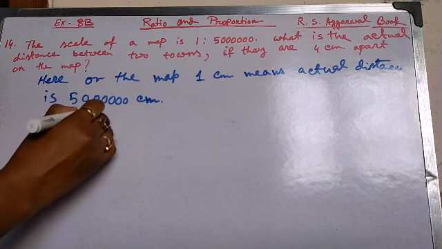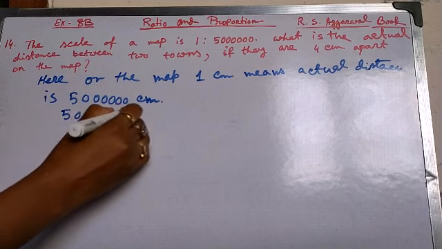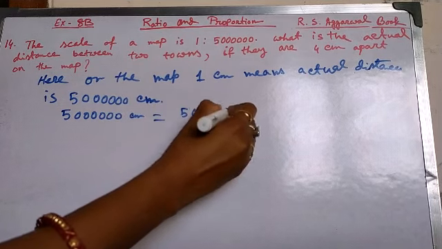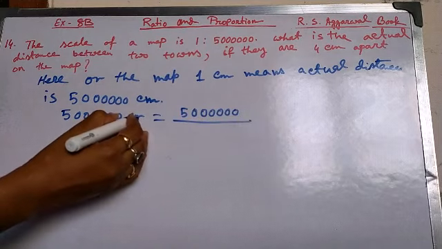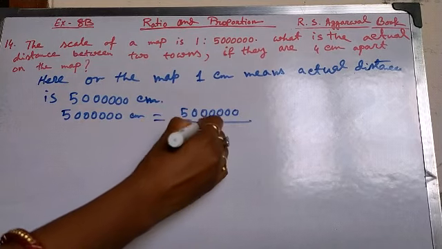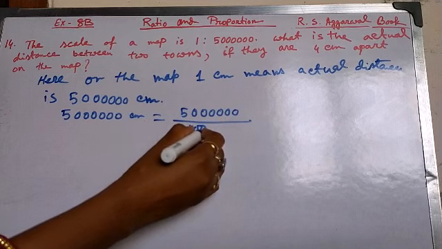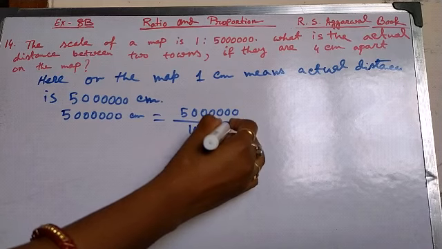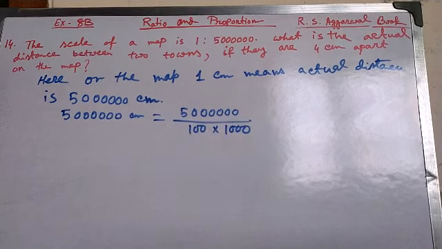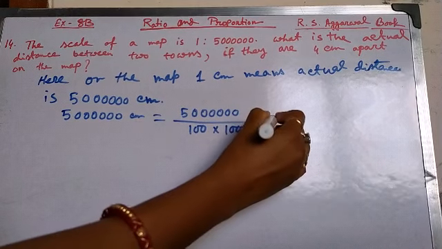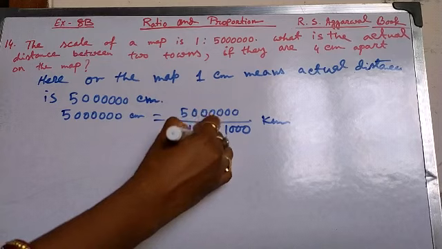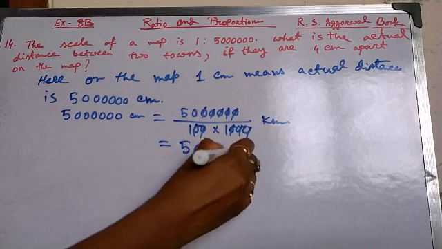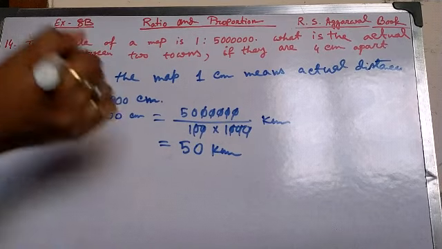So 50 lakh centimeter equal to, this centimeter will be converted into meter, that's why divided by 100, then meter will be converted into kilometer, that's why that will be divided by 1000. So in kilometer, that means 50 kilometer. So 50 lakh centimeter means 50 kilometer.